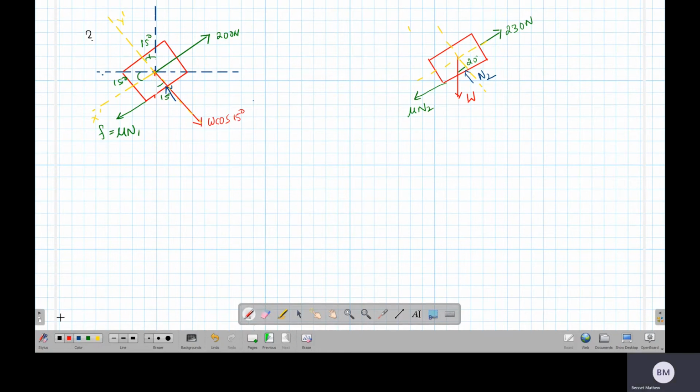There is another component in this direction. It is always important that we use components, as it makes problems very easy. So this is W sin 15 degree. Now it is simple.